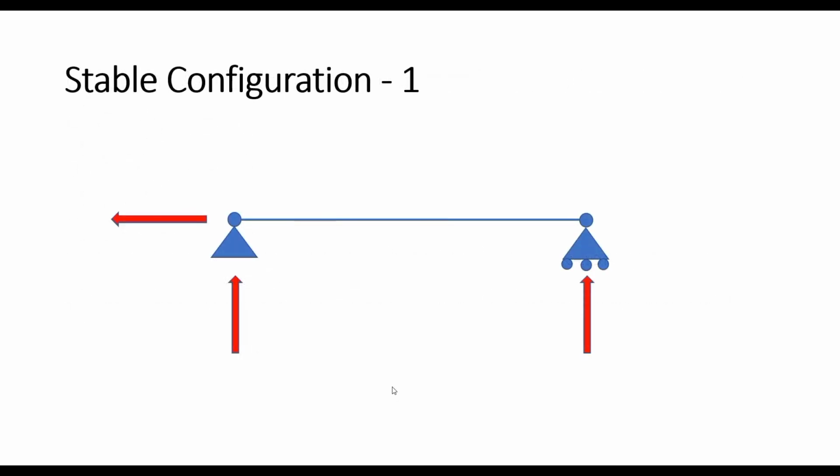Now let us revisit the first stable configuration of a 2-node single-member system. Now instead of the roller support on the right, if we introduce a pin support, we actually introduce one more additional reaction to the general coplanar loading on the structure. This configuration is called a pin-pin beam.